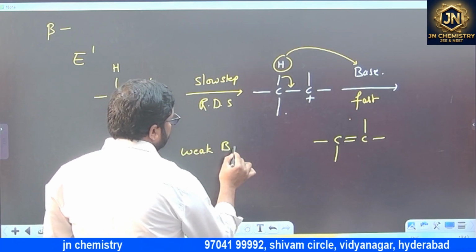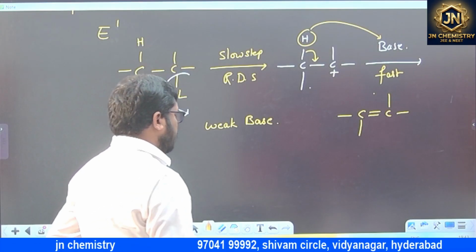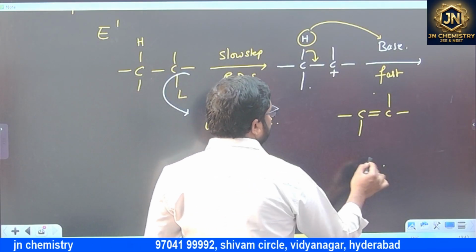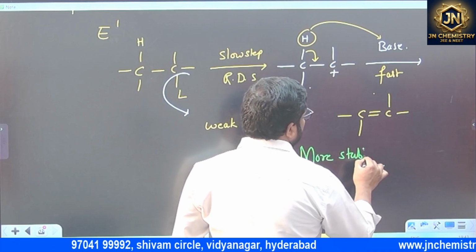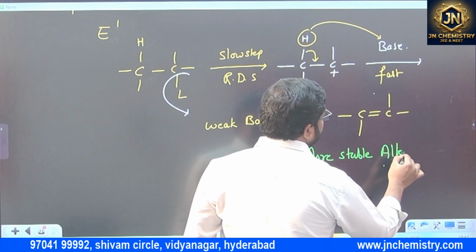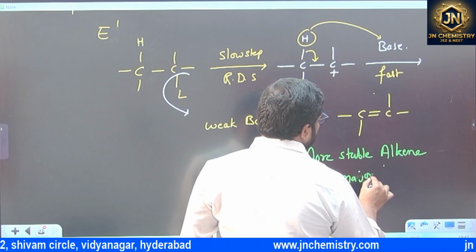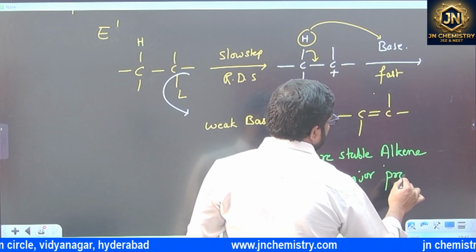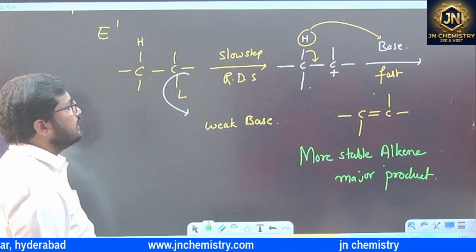Weak base. More stable alkene is major product. Here, write it down: more stable alkene is major product.